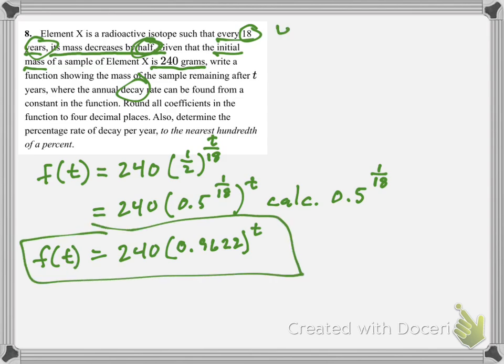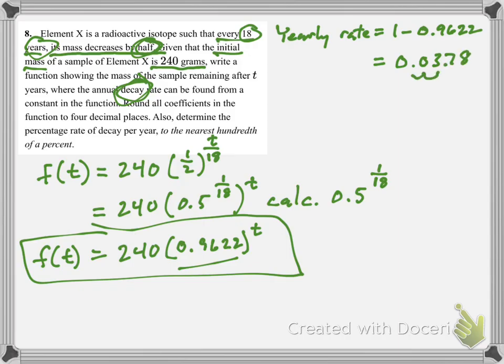Now, my yearly rate, since it's decay, is 1 minus 0.9622, which is the number in the parentheses. So I get 0.0378. Well, if I move it 2 to the right, I have a 3.78% decrease per year.